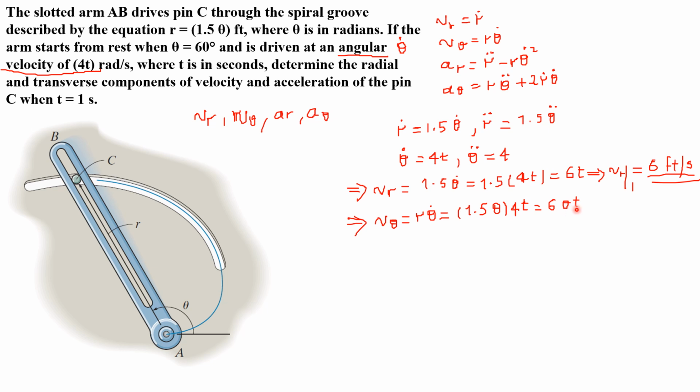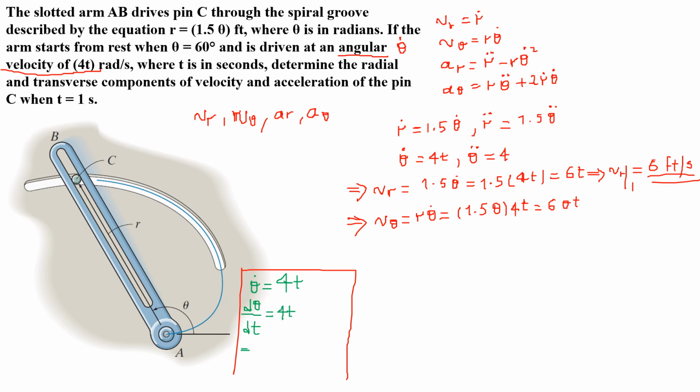Since theta dot is given to be 4t, d theta over dt, which is theta dot, is also equal to 4t.